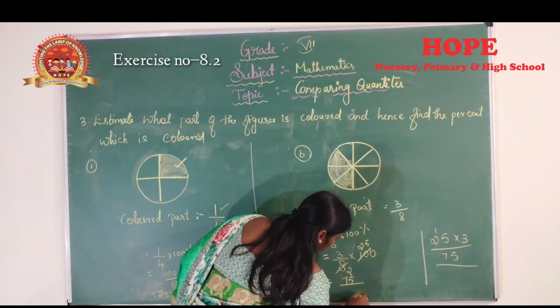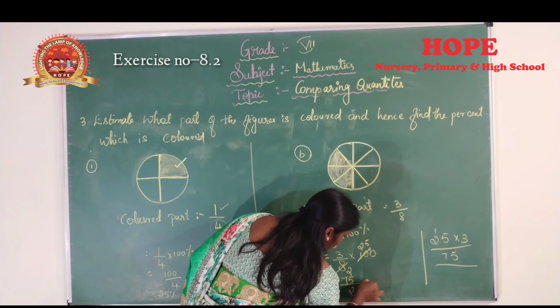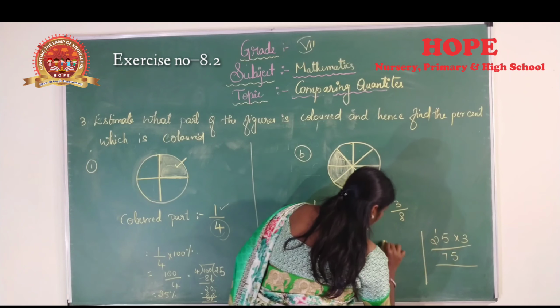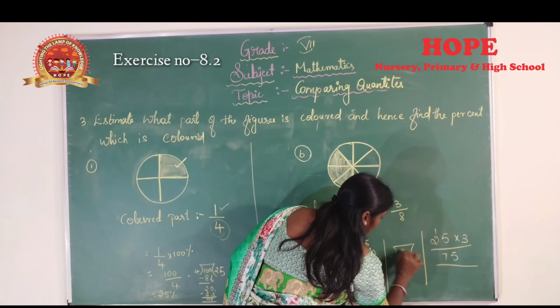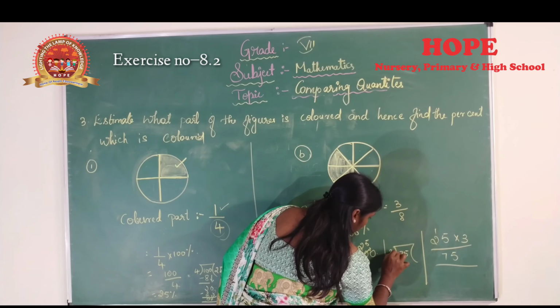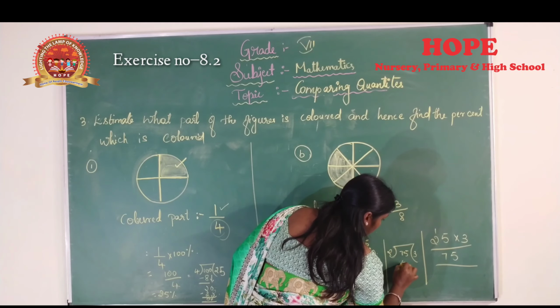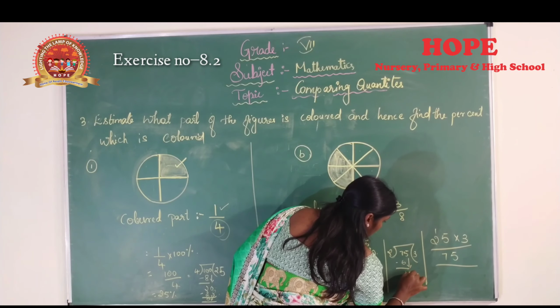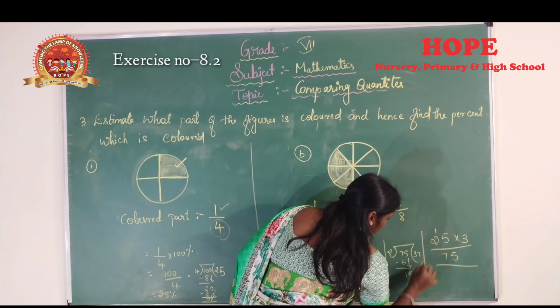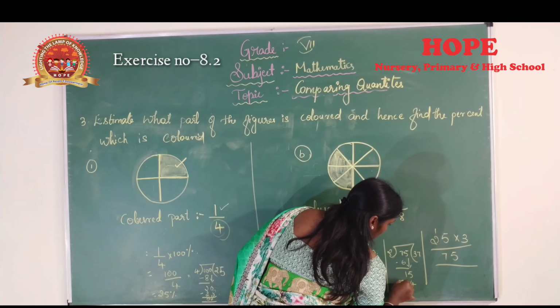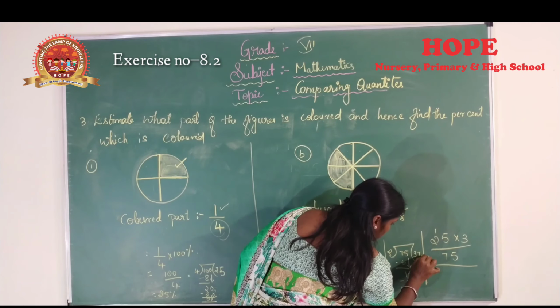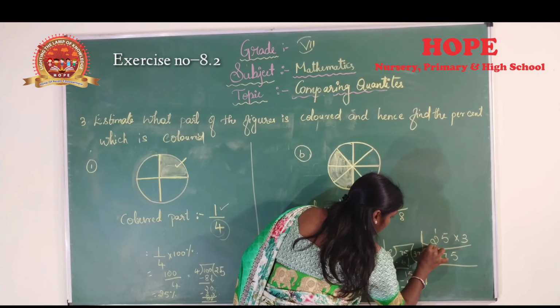75 by 2, which is equal to, do the division here, 75 by 2. 2 3s are 6, 1 remains, 5, 2 7s are 14, 1 remains, place a decimal over here.